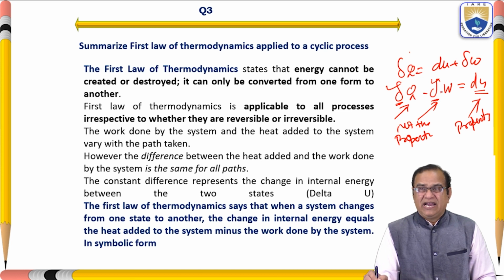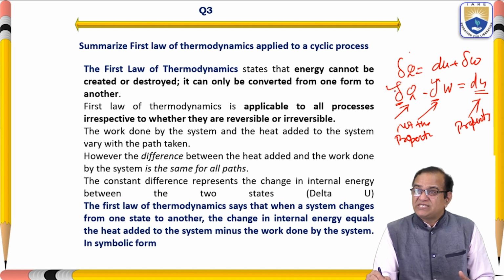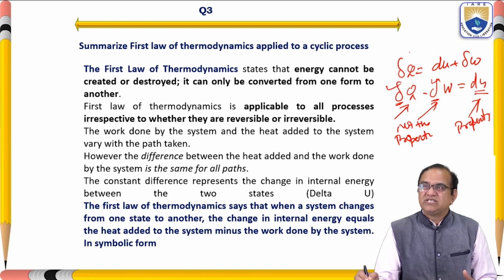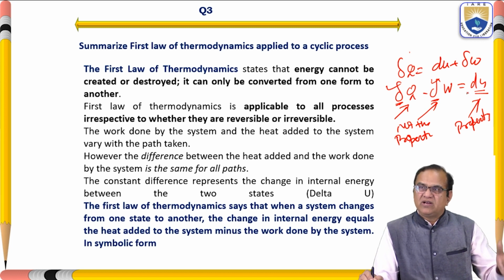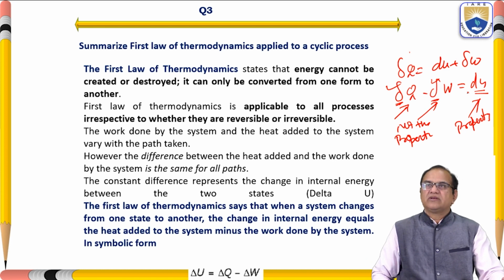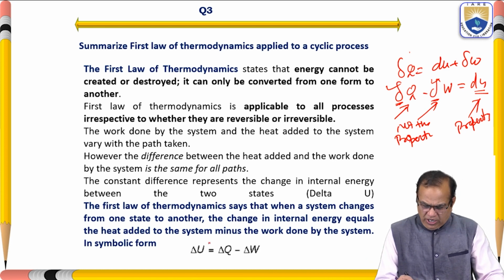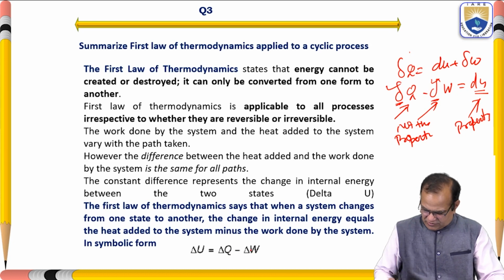Del Q and del W depend upon which path you are traveling, but dU does not. The difference between the heat added minus the work done is equal to dU, and this dU is the property of the material or substance. So here we can see that del U is equal to del Q minus del W.